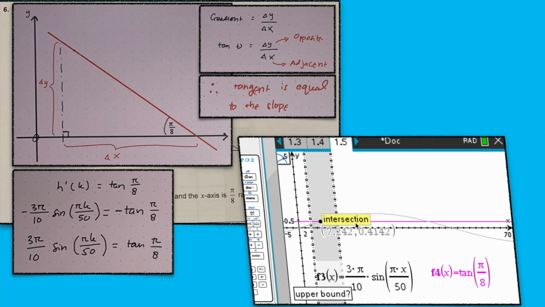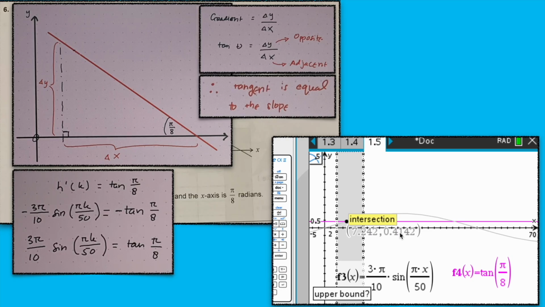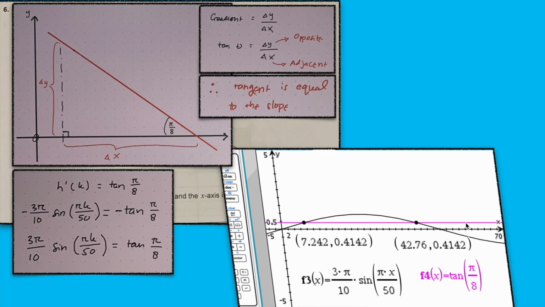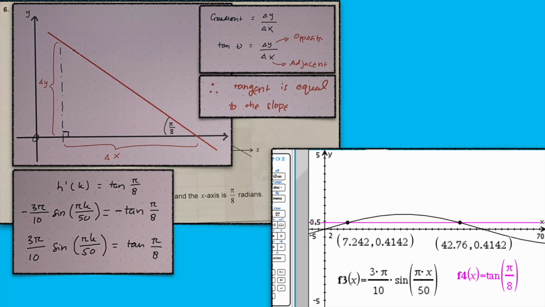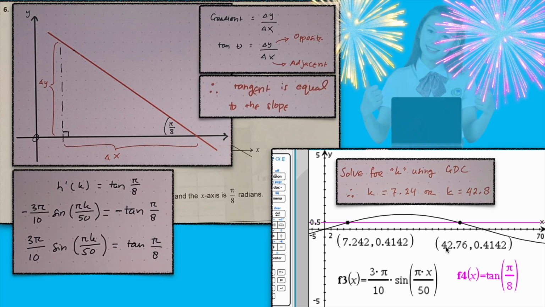And for the upper bound, you go a little to the right of that intersection. And then you can start to see the value of the intersection. Okay, there you go. And then you do the same thing to the other intersection. There you go. Therefore, k is equal to 7.24, or k is equal to 42.8 in 3 significant figures.